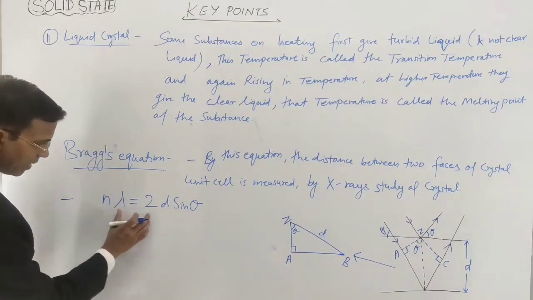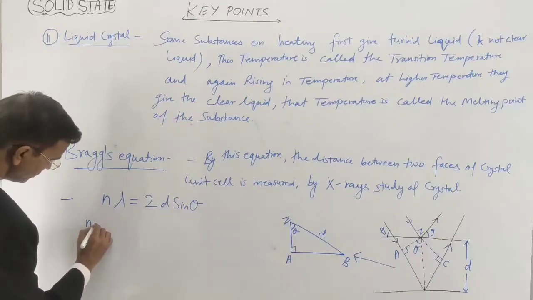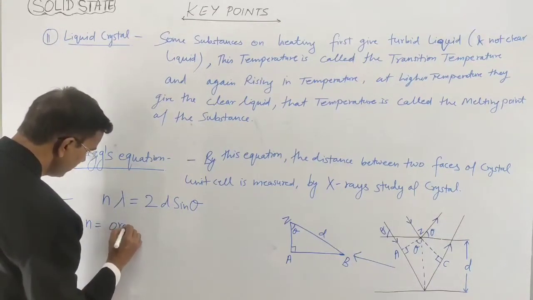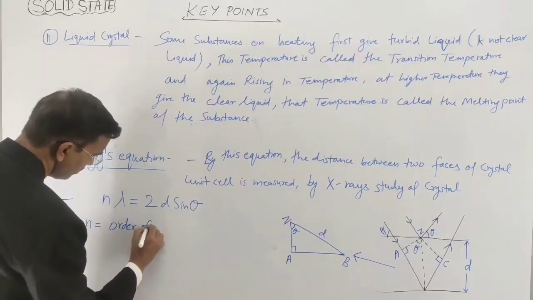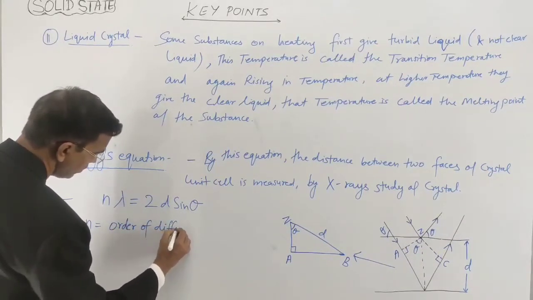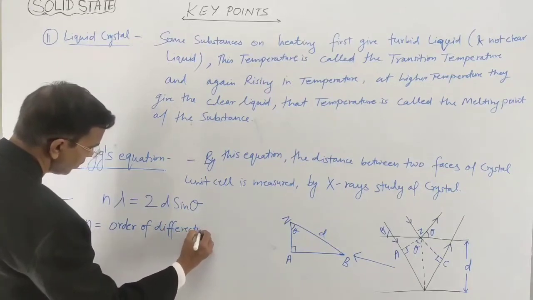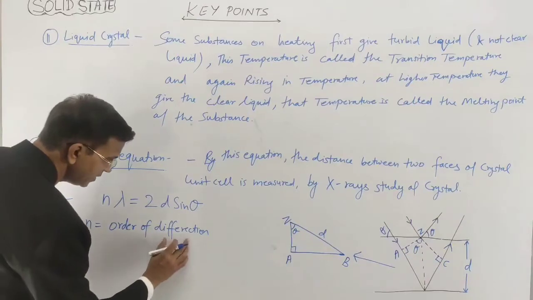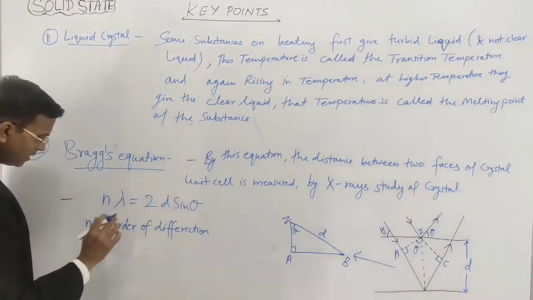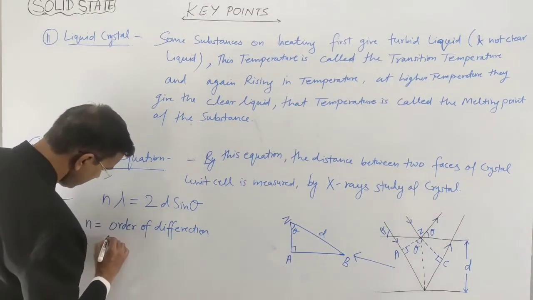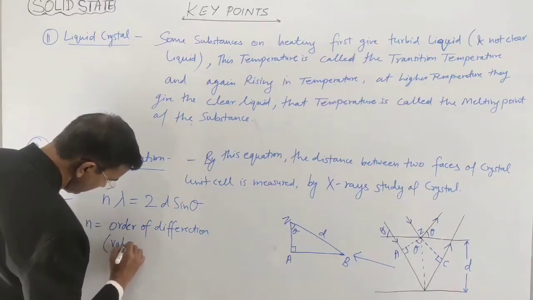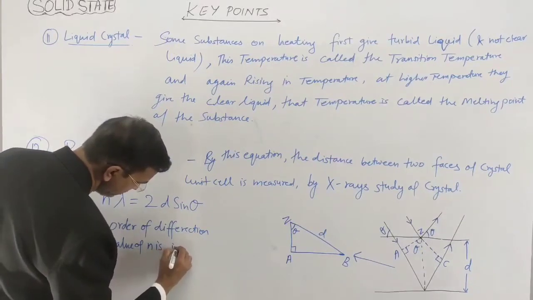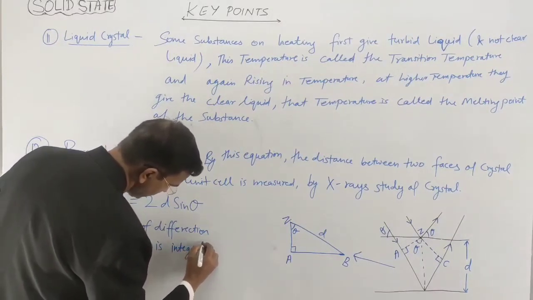So in this, the identifications are: n is the order of diffraction, and the value of n is an integer, right?